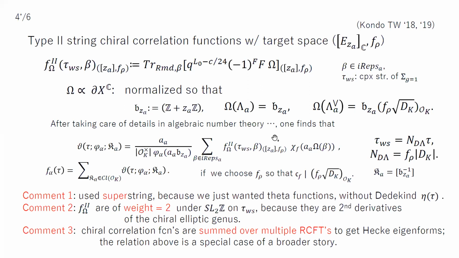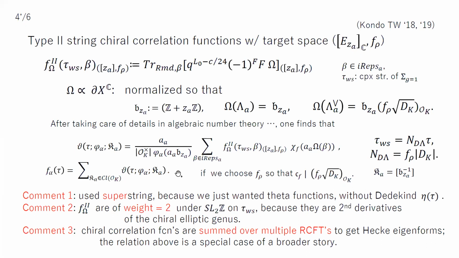And finally, as a remark, there are observations elsewhere where we might add up the correlation functions of multiple different CFTs of vertex operator algebras. Because we need to take a sum over the ideal classes of the ring of integers of K, and the individual ideal classes are in one-to-one correspondence with the different isomorphism classes of elliptic curves with complex multiplication.